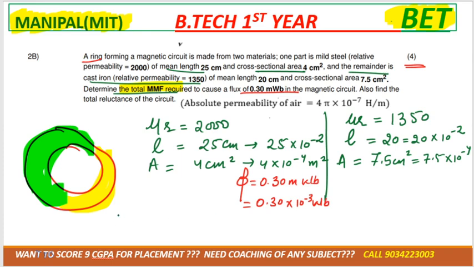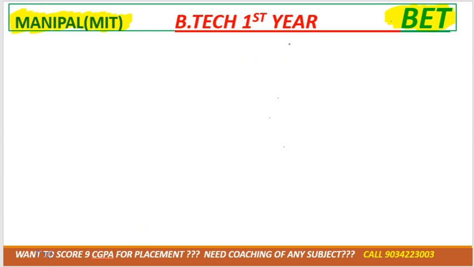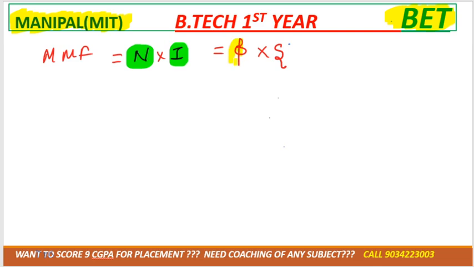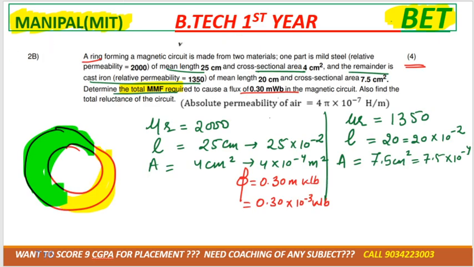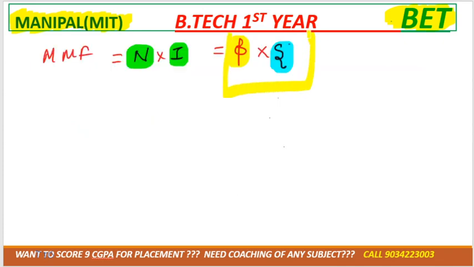If you know the MMF formula, every time you will get a question of this type. The MMF formula is N multiplied by I is equal to phi into S. N is the number of turns, I is the current, phi is the flux and S is the total reluctance. To get MMF, we can use this formula, phi into S. The number of turns is not given, so we use phi into S.